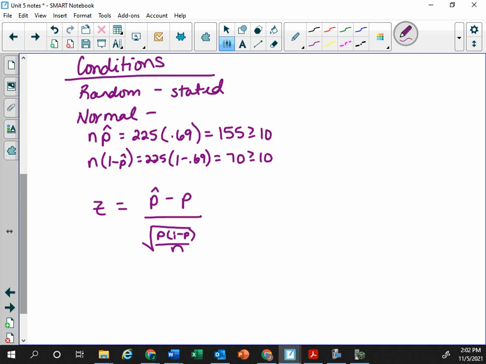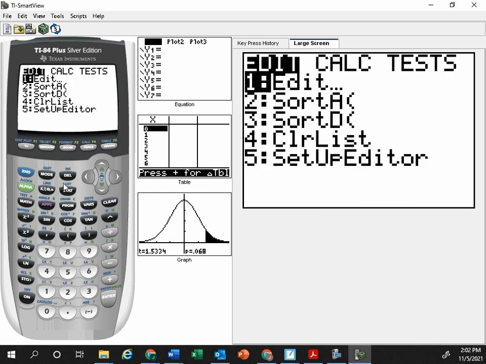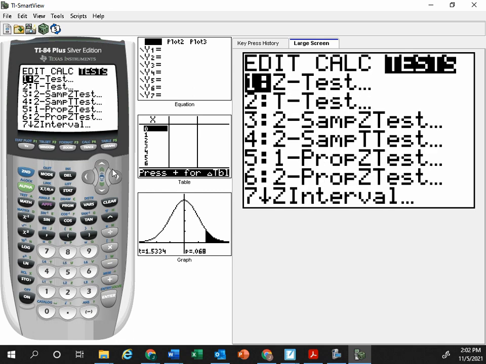All right, let me bring the calculator over. Okay, guys. So I'm going to go into stat, over to tests. What test am I going to pick? What do we think? Number 5?